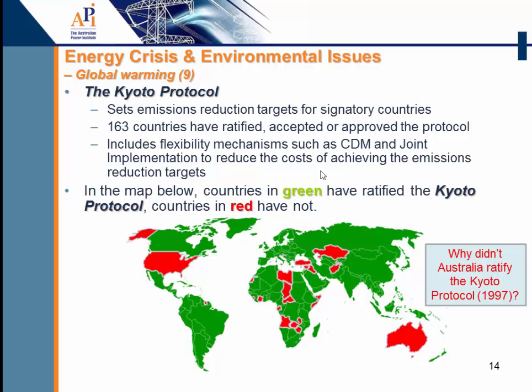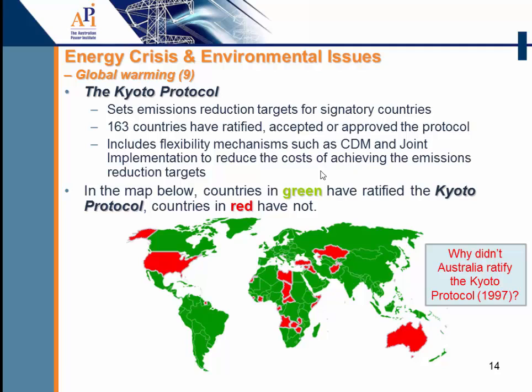In 1997, Australia didn't sign the Kyoto Protocol because coal is the main energy source that creates electricity and other forms of energy, so that would have a great economic impact.